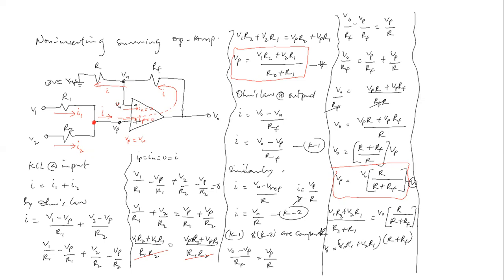So V0 is going to give us V1 R2 into bracket R plus R sub F plus V2 R1 into bracket R plus R sub F, then divided by R into bracket R2 plus R1.